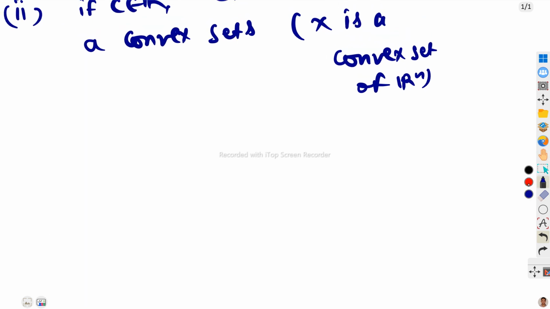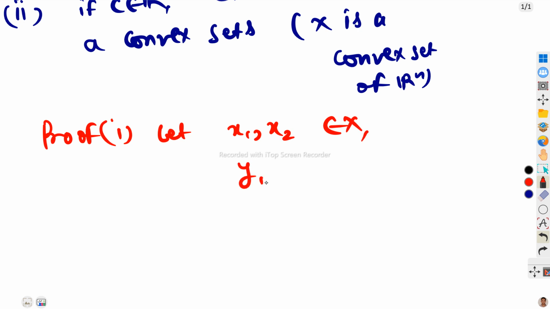Again, we are going to prove this. First, let x1, x2 in X and y1, y2 in Y, and lambda lies between 0 and 1.